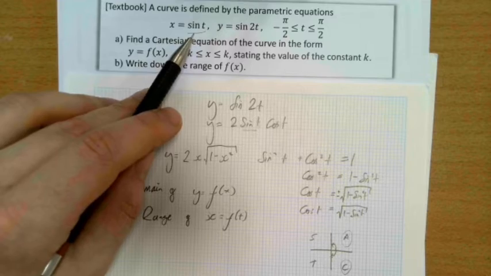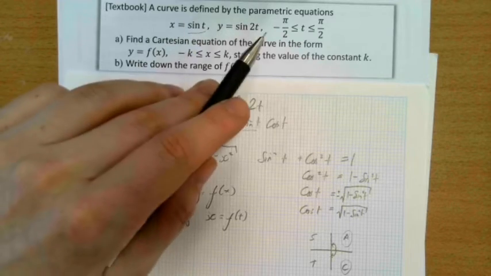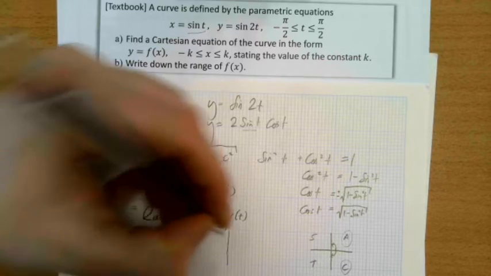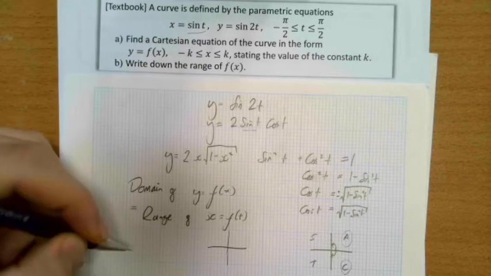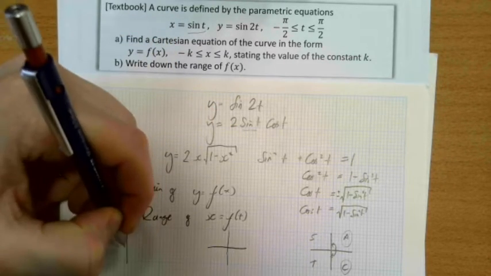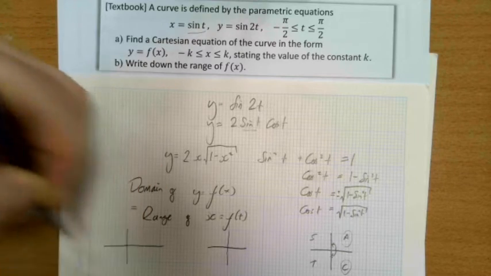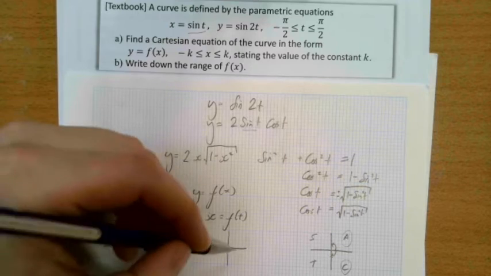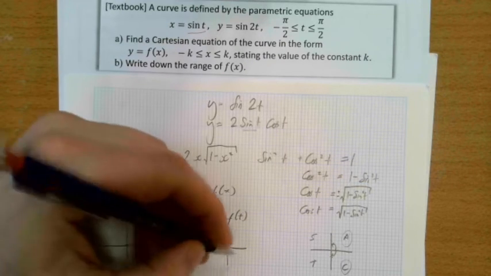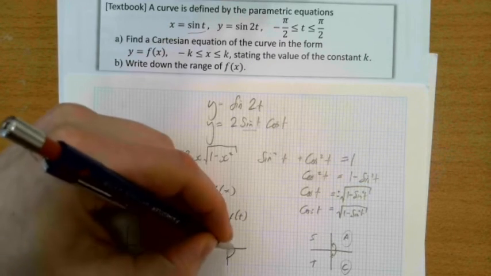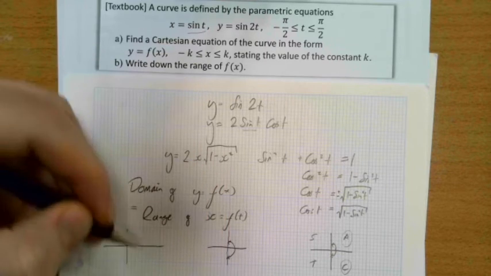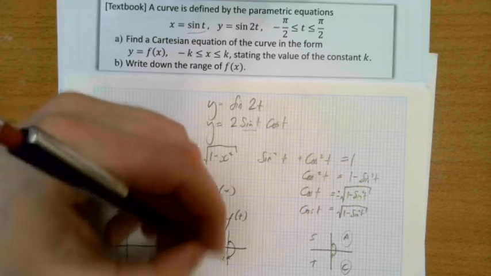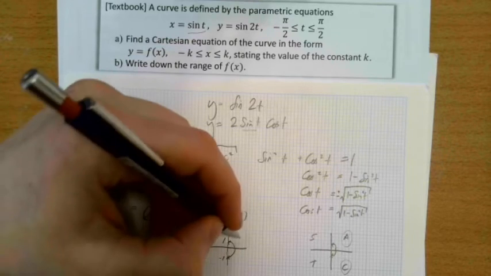Well, we've got to consider sine t within this domain. So if I could do another sketch of a CAST diagram if I'm not too sure, or I could sketch my sine graph if I prefer not to use a CAST diagram. We've got to go from negative pi over 2 to positive pi over 2, and that's going to take me from a value of minus 1 to positive 1 in my sine.